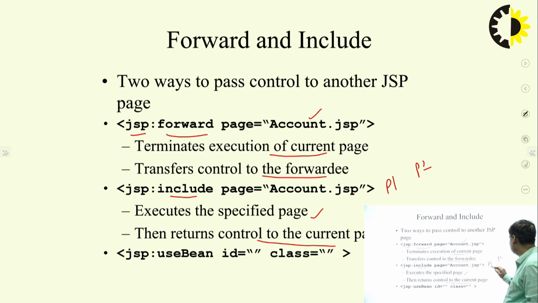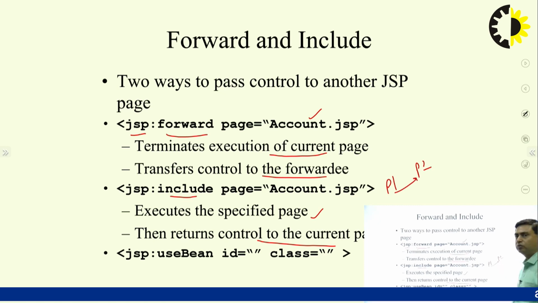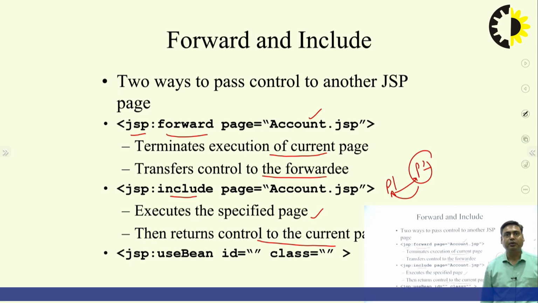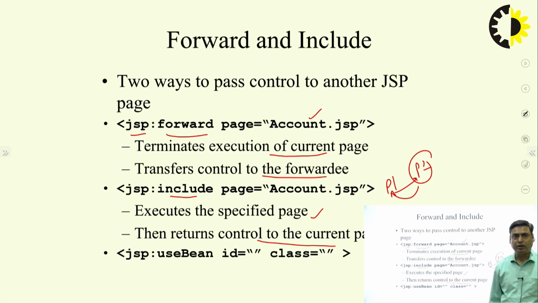We include page 2 in page 1. So it will execute page 2 and the control will be returned back to page 1. In case of forwarding, it will not happen. It will move to the account.jsp page, that is another page, and it will not return back to the current page.